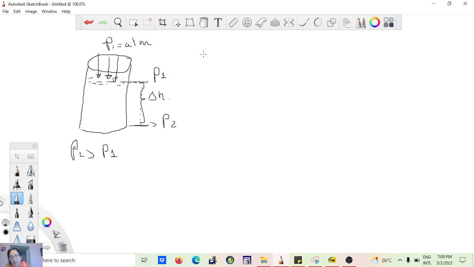So we have seen that delta P, which is P2 minus P1, equals rho, the density, times g delta H. I could rewrite the equation as follows. Let's say that's H1 and that's H2.